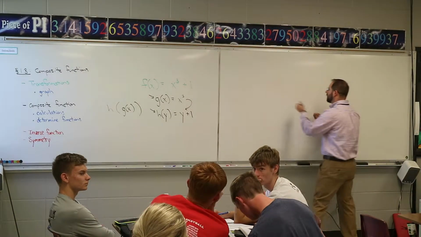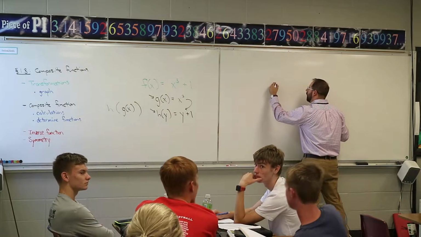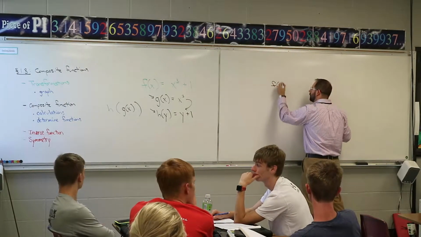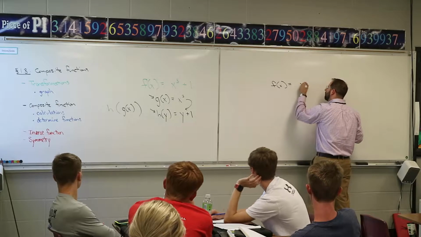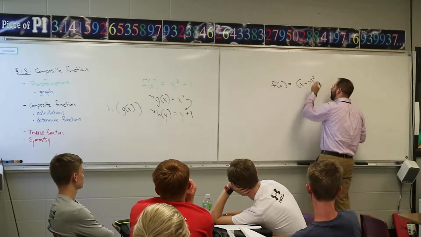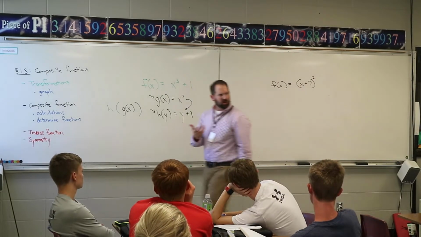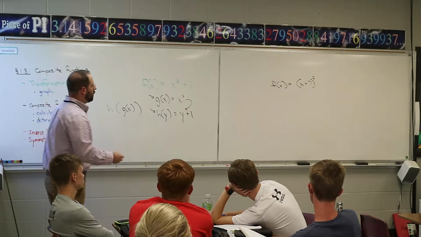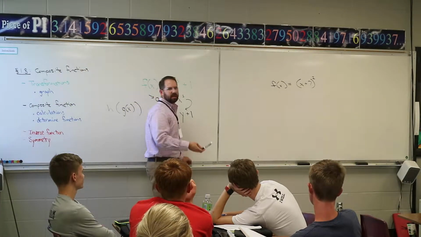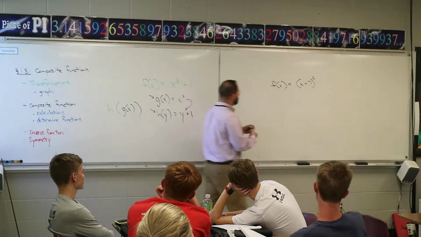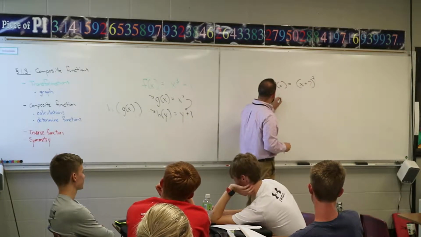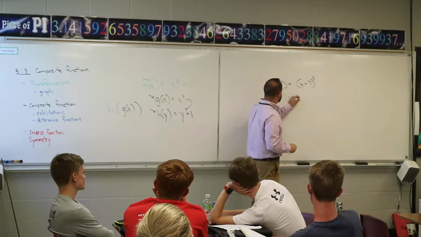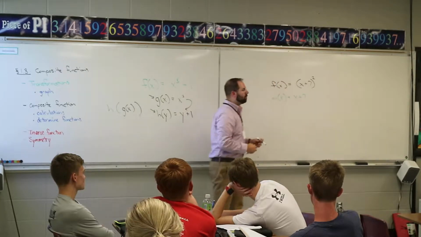This is probably the most common sense one when you see it. Let's go with f of x equals x plus 7 squared. Well, when you look at it, you can immediately see what the two parts are. One of the functions, I'll just call it any letter of the alphabet, m of x. M of x can be x plus 7, as you can see in the problem.